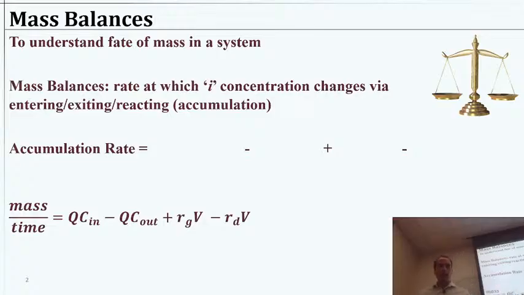Okay, for mass balances, we have our little balance here as a visual example. What we're really going to talk about is the rate at which some species, maybe it's a chemical, maybe it's a bacteria, maybe it's a gas, whatever it is, how its concentration changes by entering or exiting or going through some sort of reaction within a defined space.